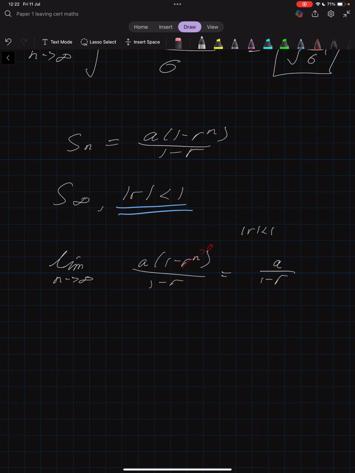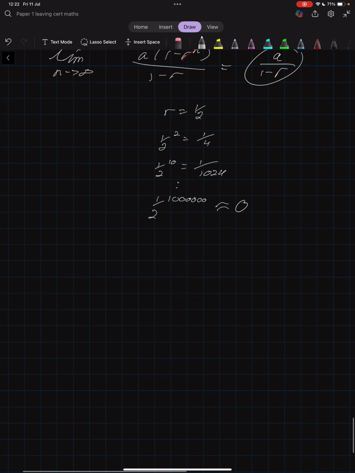You can probably imagine if r is equal to a half, then a half squared is 1 over 4. A half to the power of 10 is 1 over 1024. If you keep going on to like some really big numbers, it's basically just 0. So you end up with this for S infinity. So S infinity is just a over 1 minus r.